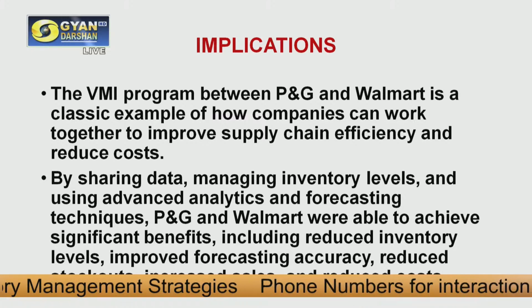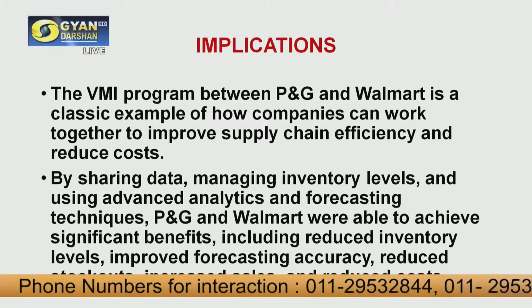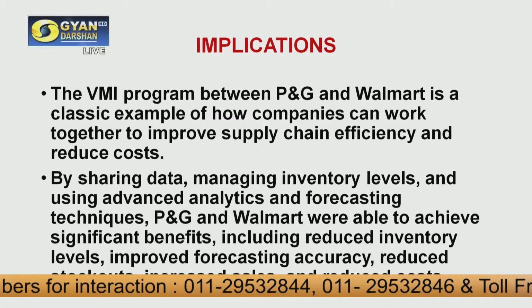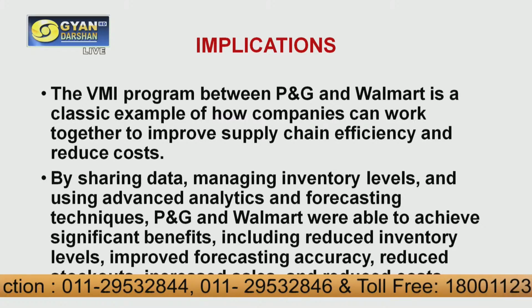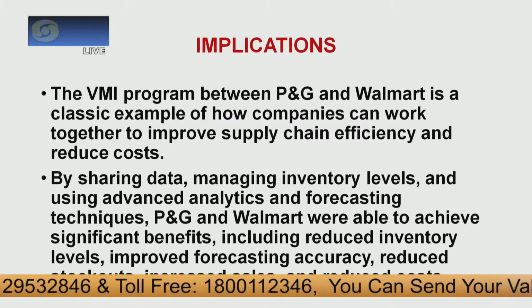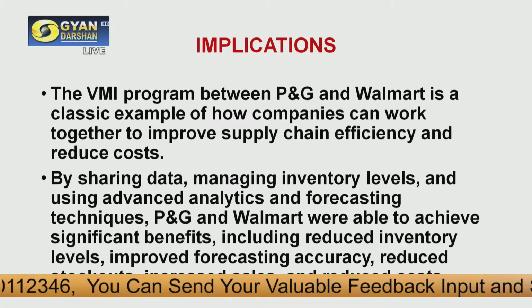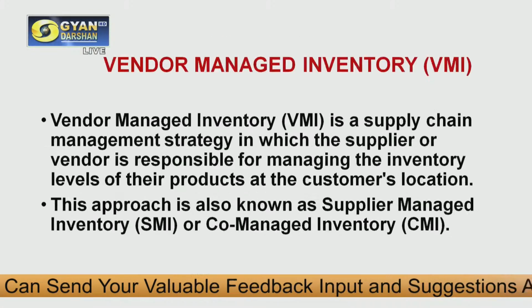They have shared the data, which is an essential part in case of VMI. Both were able to achieve significant benefits, such as reduction in inventory level, forecasting accuracy improvement, increased sales and reduced cost.